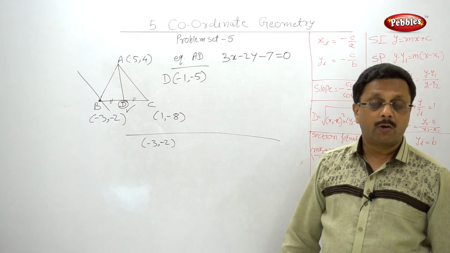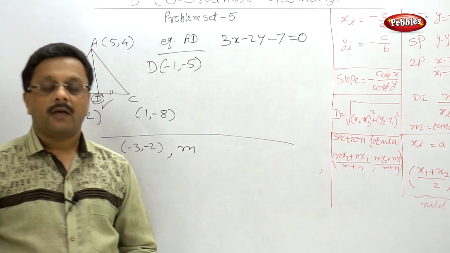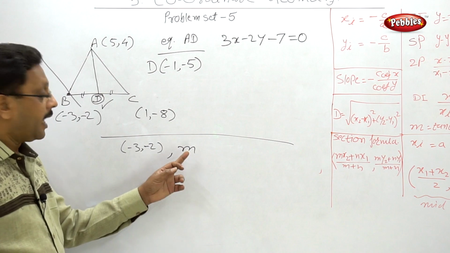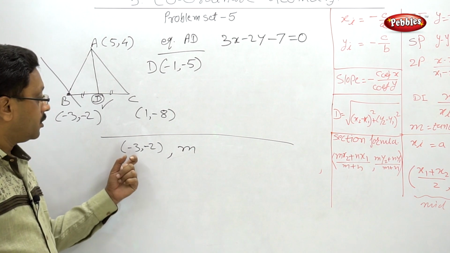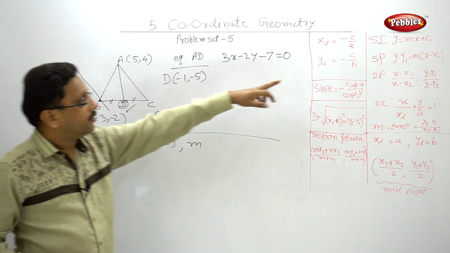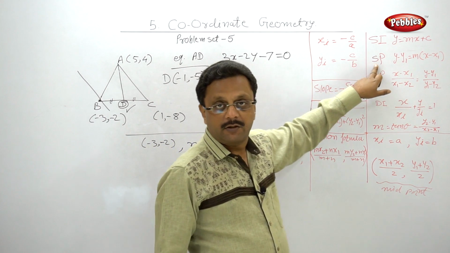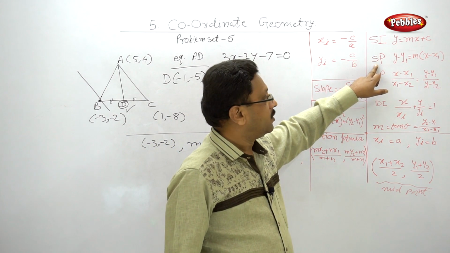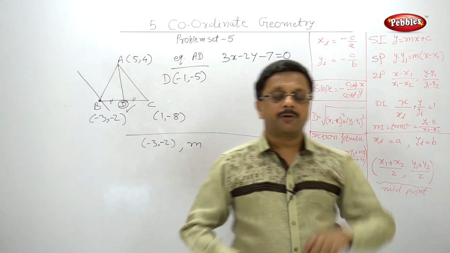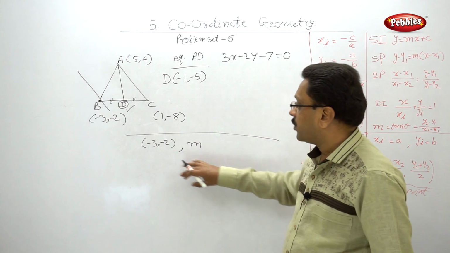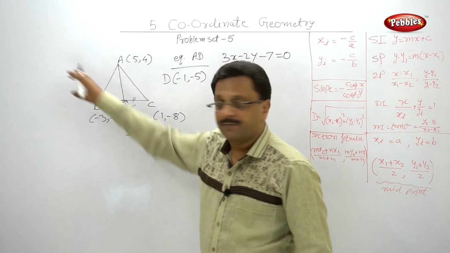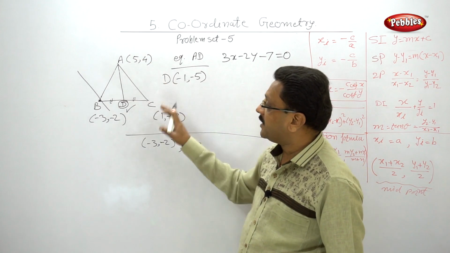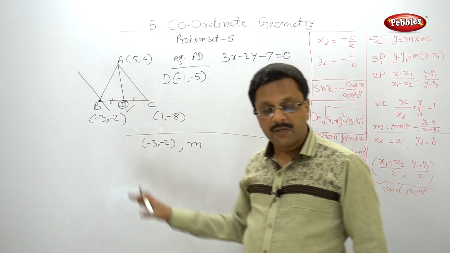Why? Because both the lines are parallel. And then you will get m. So now you have the slope and a point, which is our slope-point format. You can just substitute it in this formula and find the equation of this line, which is parallel to AC and passing through B.